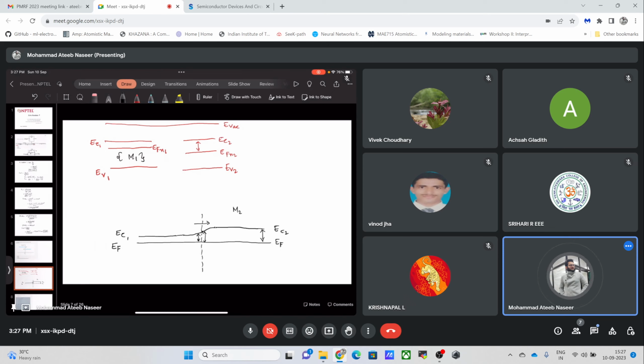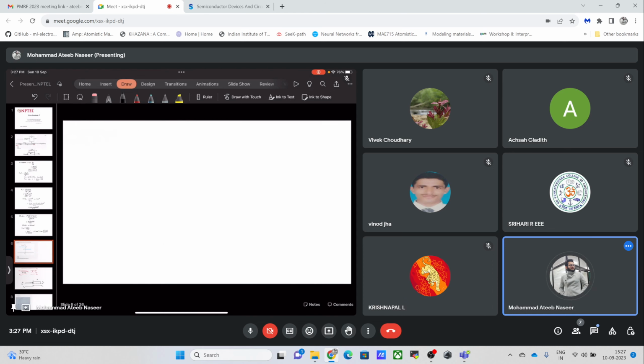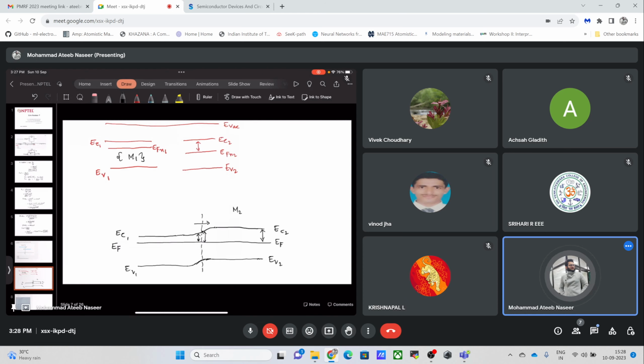Similar is the case with the valence band. It would also go like this. Please make sure these band bendings are the same throughout, although in the picture they might look different. So this is the EV1 and this is the EV2. Now we have been told to find the built-in voltage. The built-in voltage is nothing but this difference.